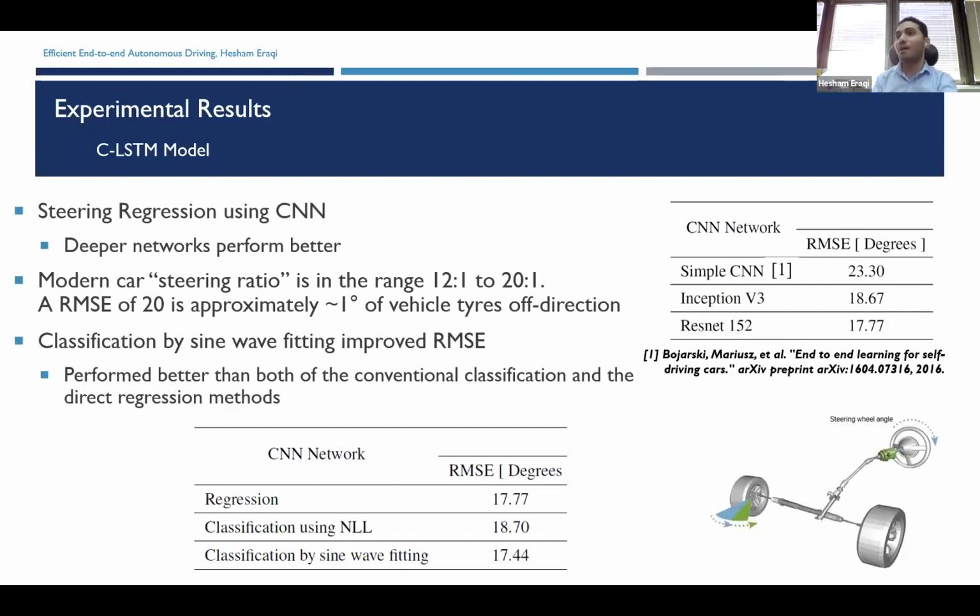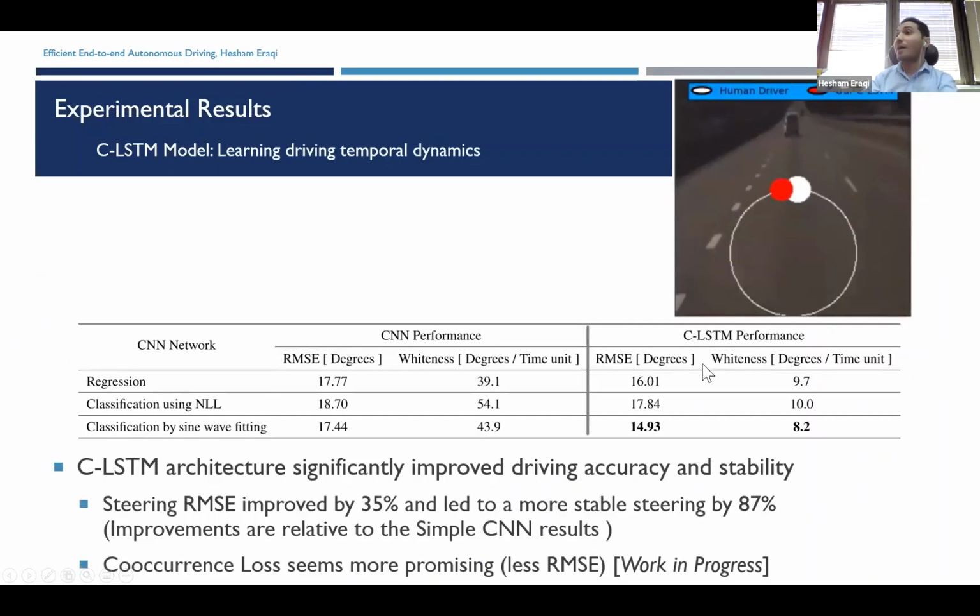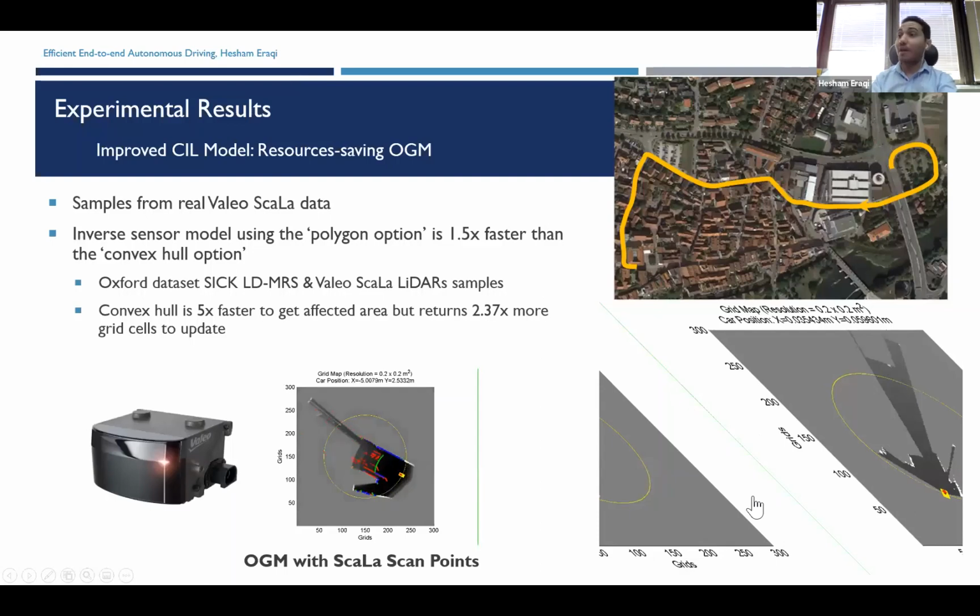As you can see from those results, classification by sine wave fitting improves the root mean square error compared to regression. And learning the temporal dependencies provides much better whiteness. It provides an 87% stability improvement. Again, this comes at a computational complexity cost, but we are improving on the computational complexity.